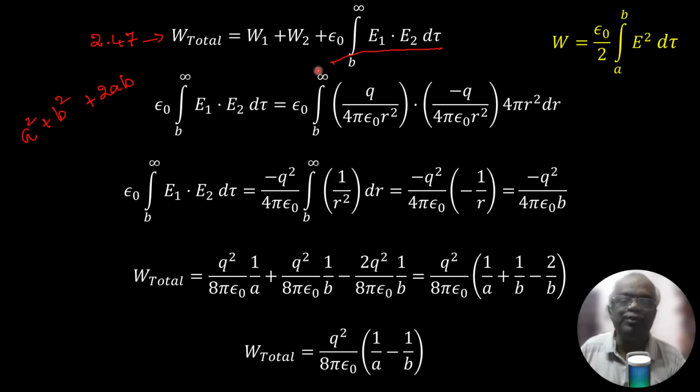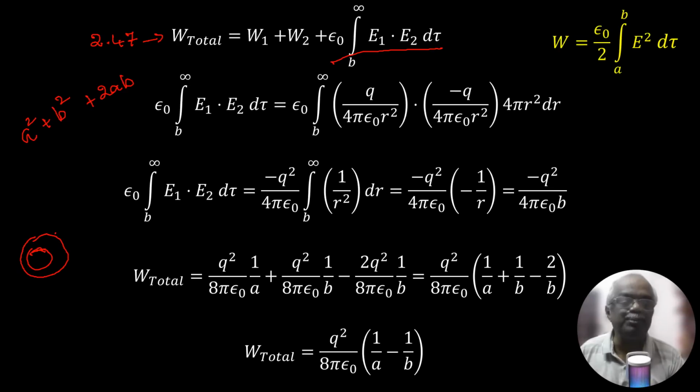So now we have to find this term, which is equal to epsilon naught integral from p to infinity of E1 dot E2 d tau. Here, we have two concentric spheres, and the outer radius is p.